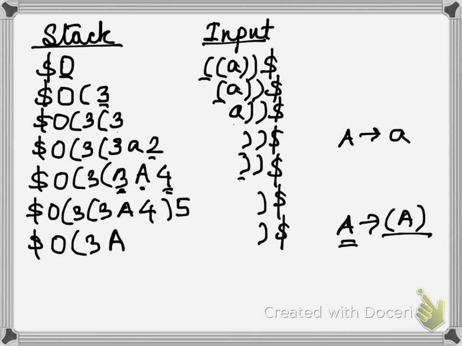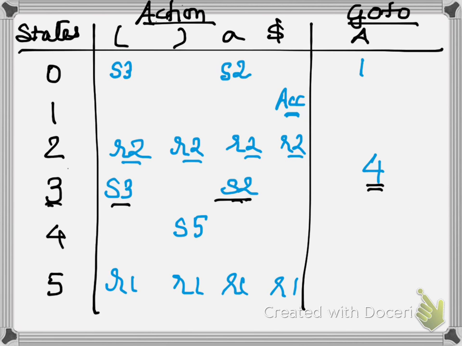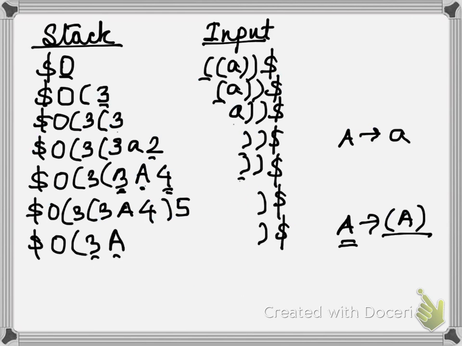Now I have to put a state. What would be the state? 3 on A, which is 4. So 3 on A will go to 4. Okay, so we have this, the state 4 is pushed in.